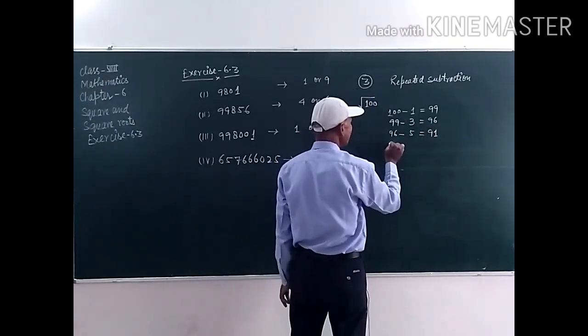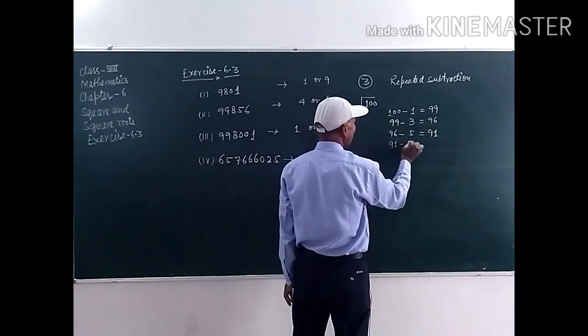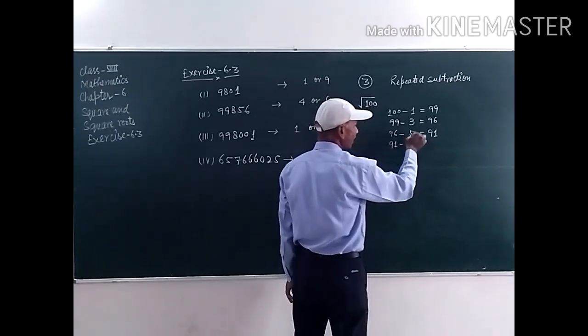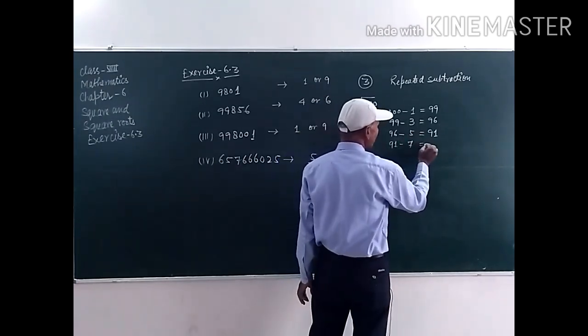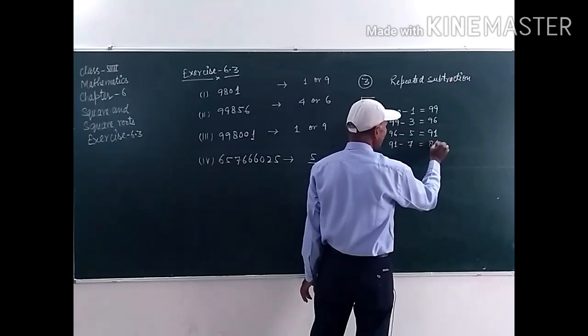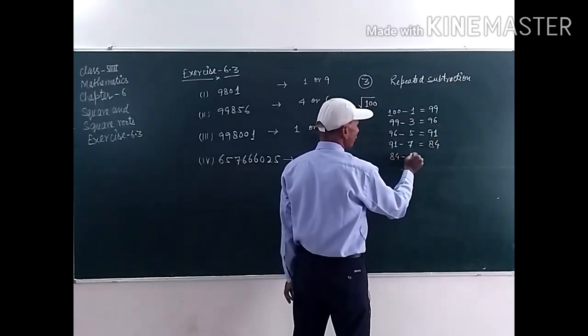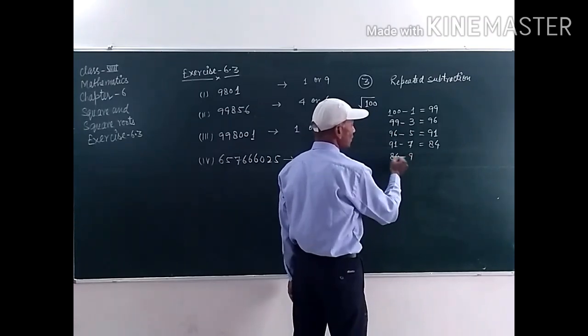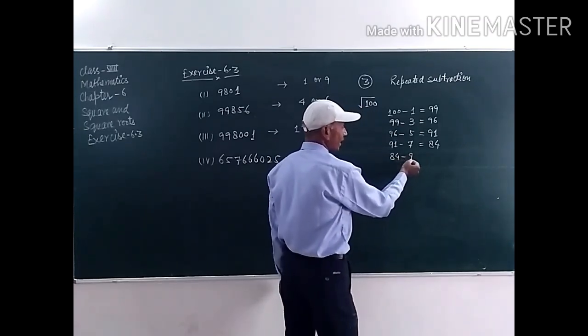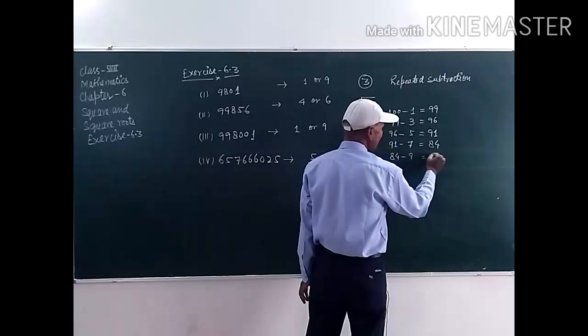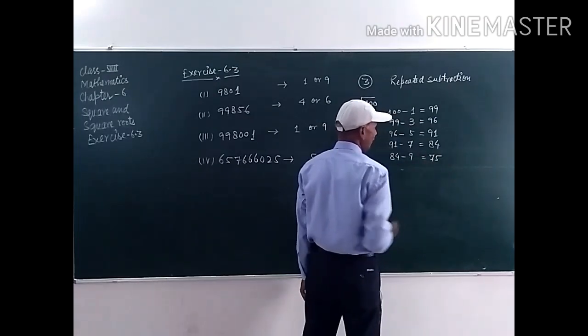91 minus 7, that is the fourth odd number. So it will be 84. Again 84 minus 9. So after subtracting 9 from 84, we find 75 here.